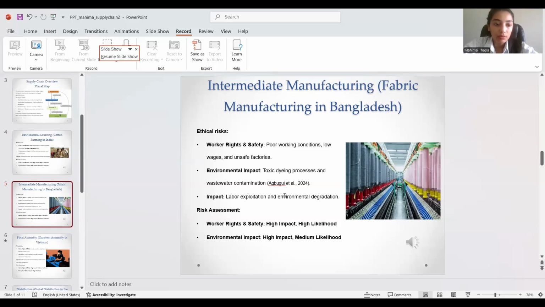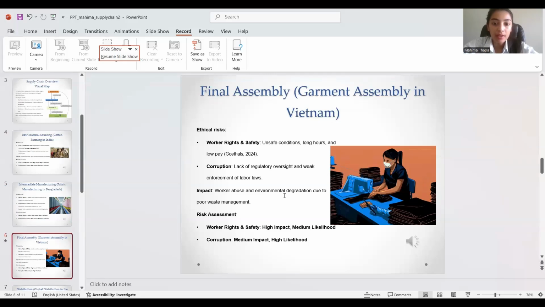So here is the risk related to Vietnam, that is final assembly. Vietnam also faces similar labor issues, but also corruption like falsified records and audits during inspections.